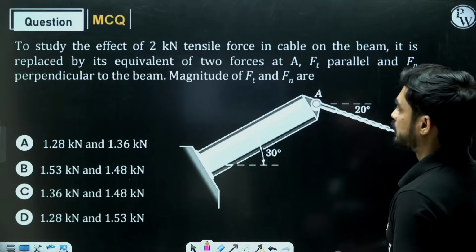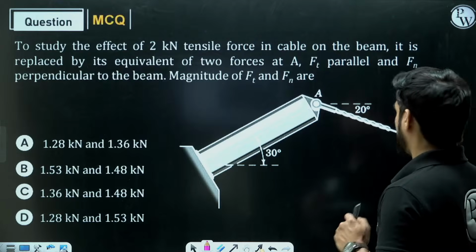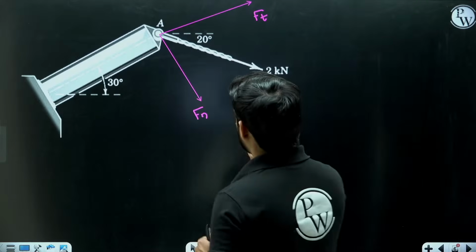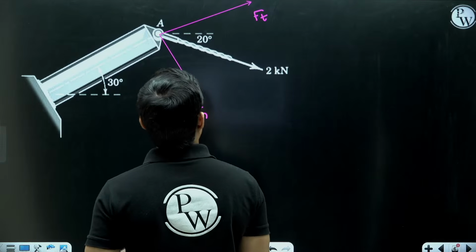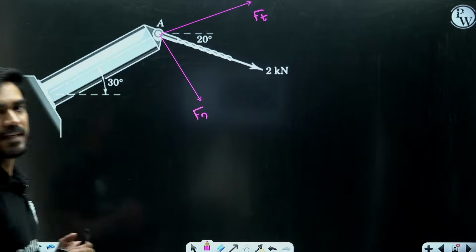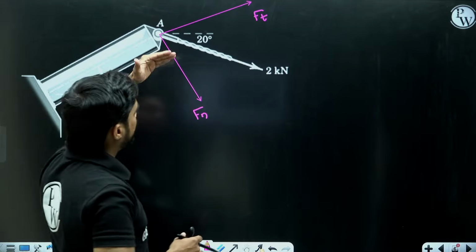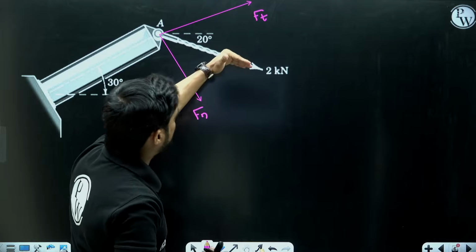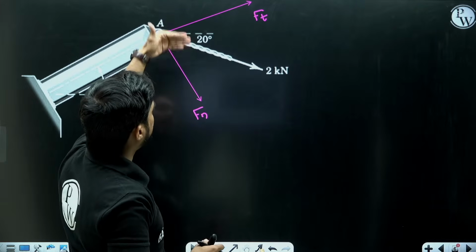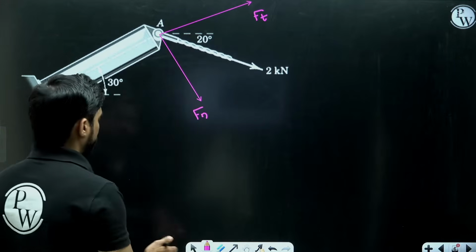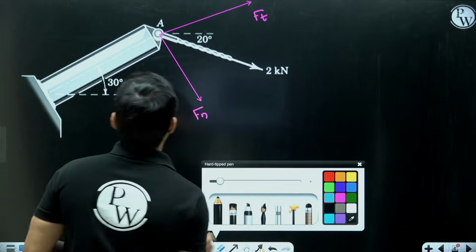Yes, Ft parallel and Fn perpendicular to the beam. Now we need to find the values of Ft and Fn. So how are we going to do that? In order to find Ft and Fn, we need to find the angle between the 2 kilonewton force and any one of these forces. Now look at this angle.